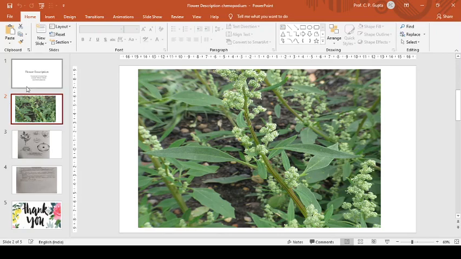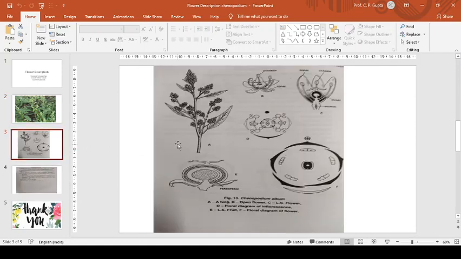Now we come to the description of Chenopodium. This is a flowering plant of Chenopodium. This is a diagrammatic representation of the Chenopodium.